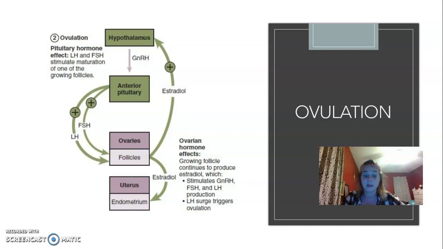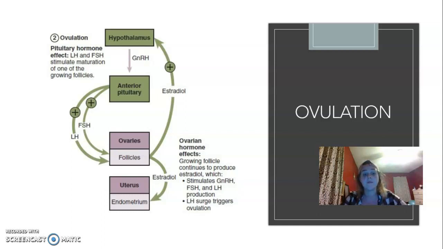So it starts to break down the structural proteins in the ovarian wall on the surface of the dominant follicle. This wall breaking down, combined with the pressure from the antrum that we talked about earlier, results in the explosion of the oocyte surrounded by the granulosa cells. And this release is basically ovulation.